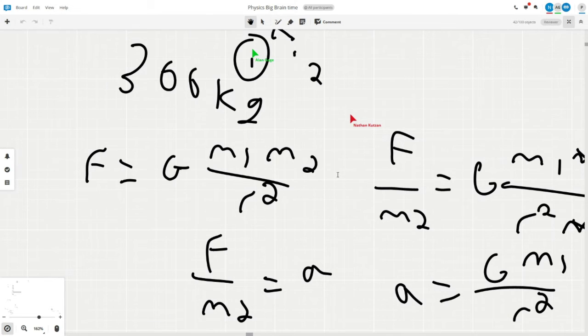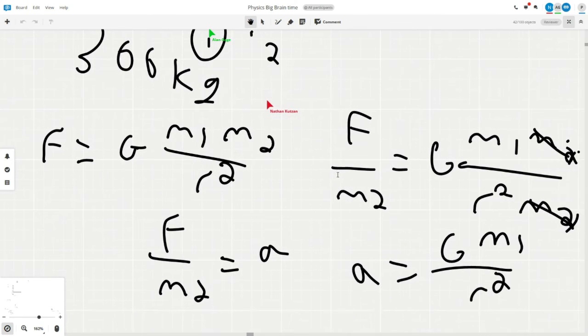So all I did between these two equations over here is divide both sides by m2. So I divided this side by m2 and this side of the equation by m2. And since both sides are being divided by m2, they're still equal. Just like in algebra, if you divide both sides of the equation by the same number, the equation's still equal. So all I did was divide both sides by m2, and then on this side, this m2 cancels out.